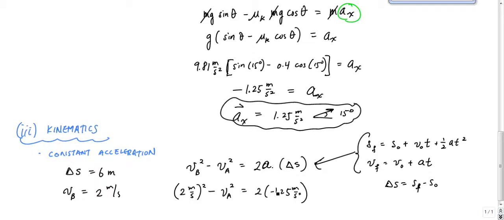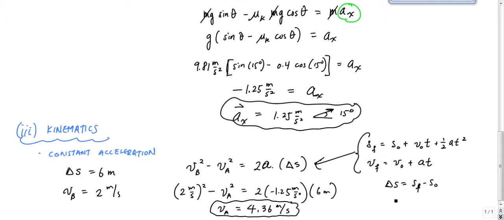This negative is really important because we're decelerating in that direction. And then the distance traveled is 6 meters. When you plug and chug and solve for VA, what you'll get is that at point A the velocity was 4.36 meters per second. Bam, right there.